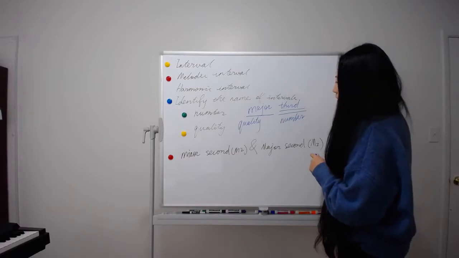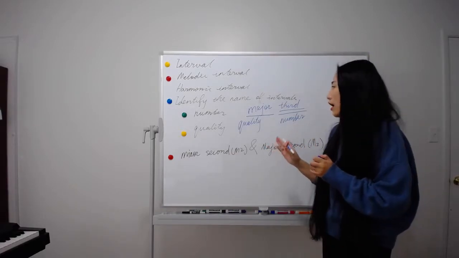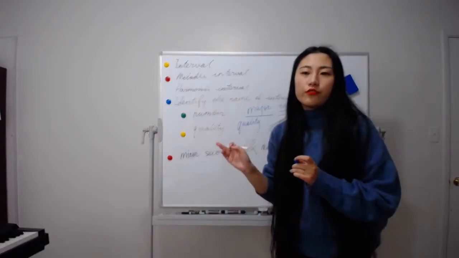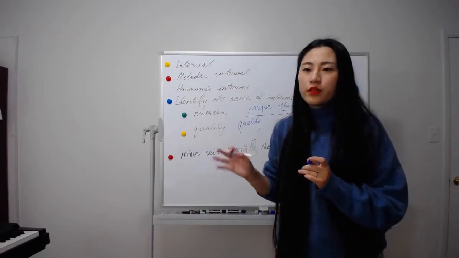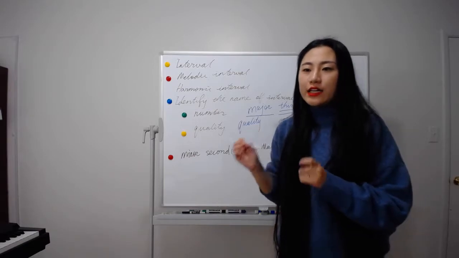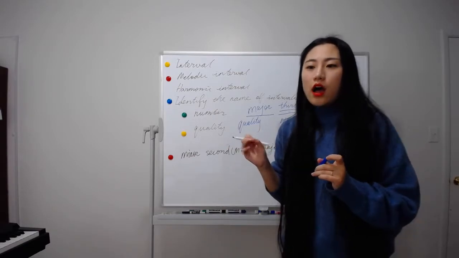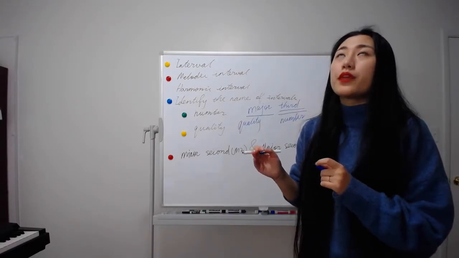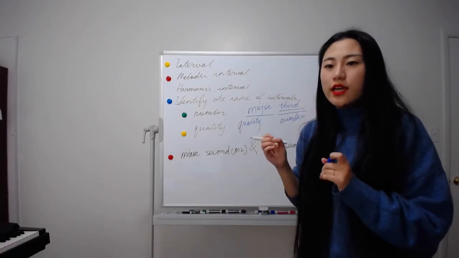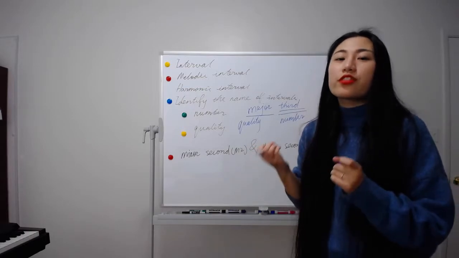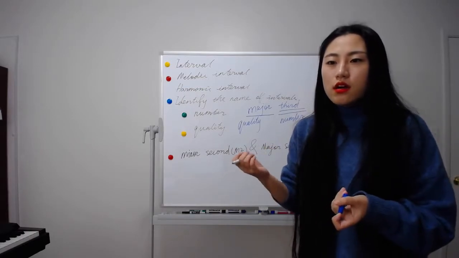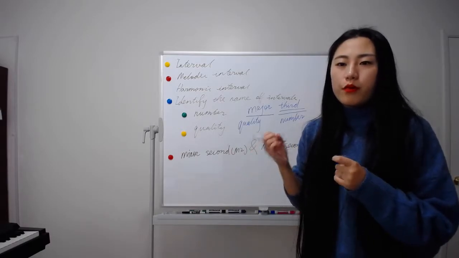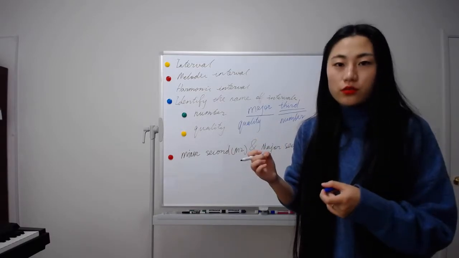So what is the number of intervals? Well, the number of intervals is the number of letter names it encompasses, or staff positions it encompasses. So both lines and spaces are counted, including the positions of both notes forming the interval.